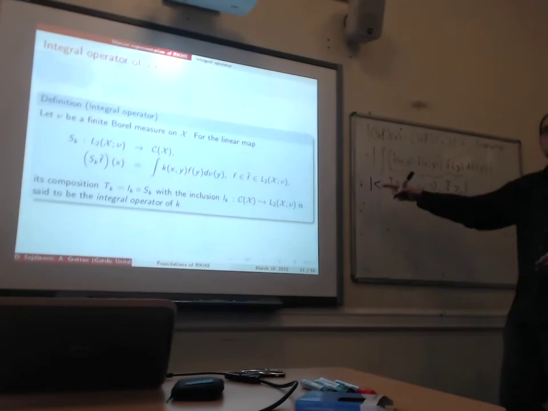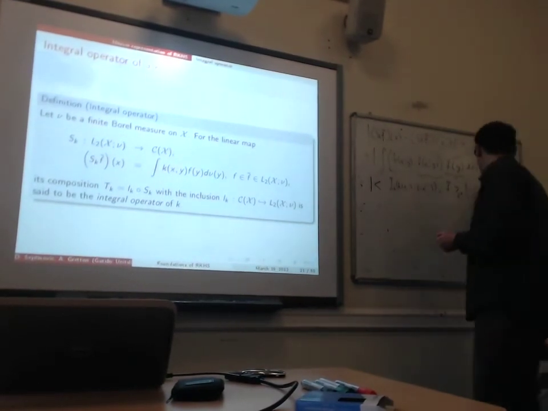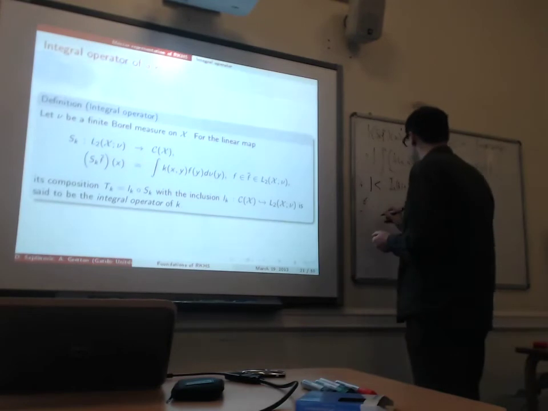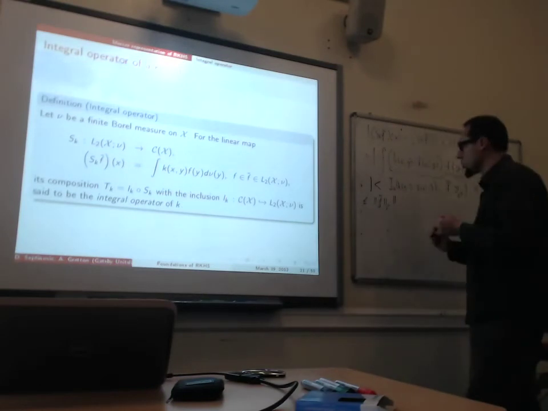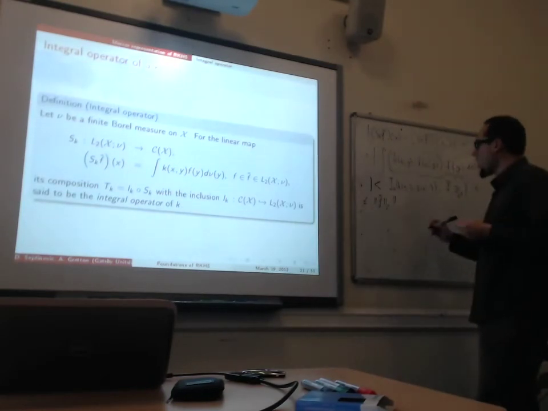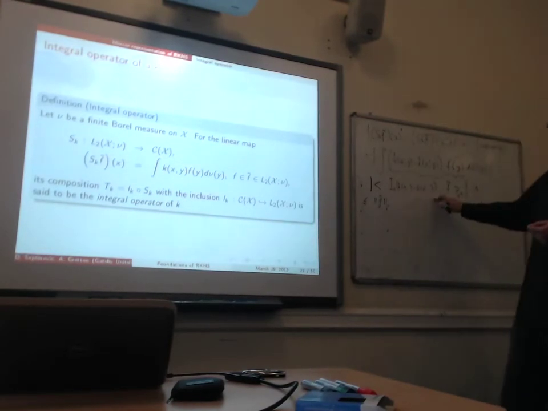That's just now the absolute value of an inner product. We can apply the Cauchy-Schwarz inequality. So this will give us the norm of F tilde in L2 and the norm of this other object. But I'll just write that straight away because that's just the norm of that function in L2.